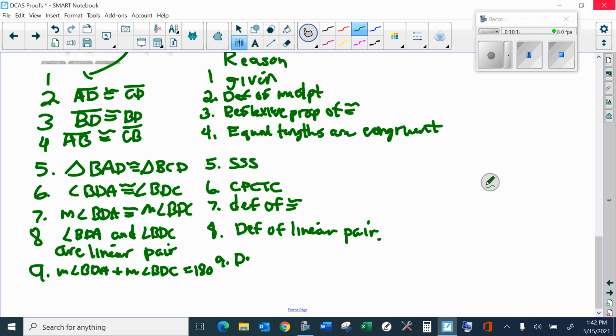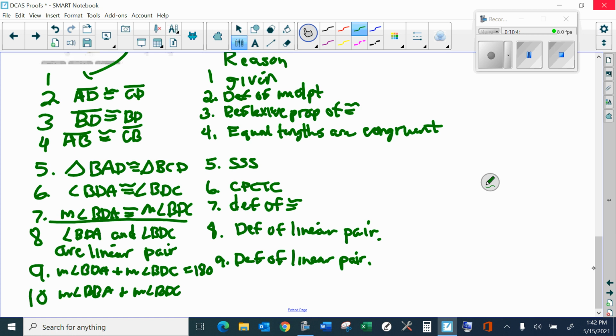That's also a definition of linear pair. And since we already have proven that the two angles are equal, now we can say the measure of angle BDA and measure of angle BDC equals 90 degrees.